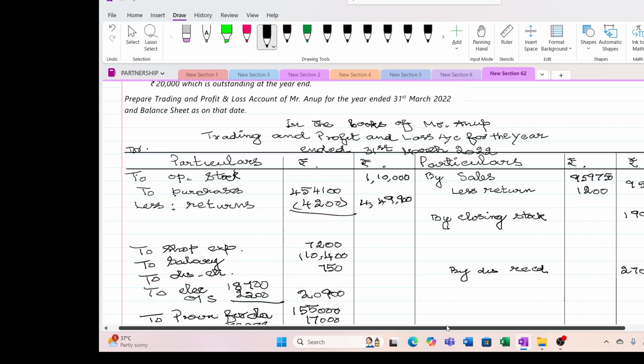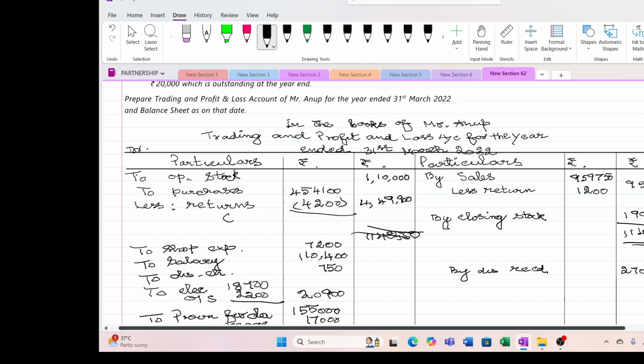The total comes to 11,48,550. I have no space, so I'm writing like this, 550.